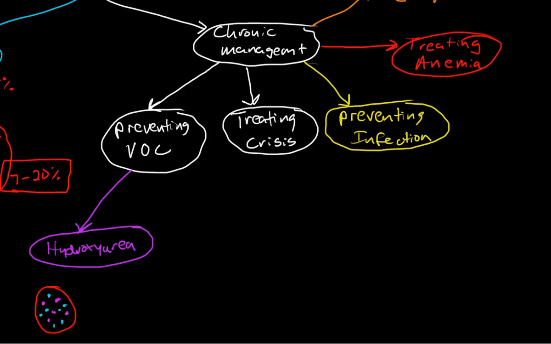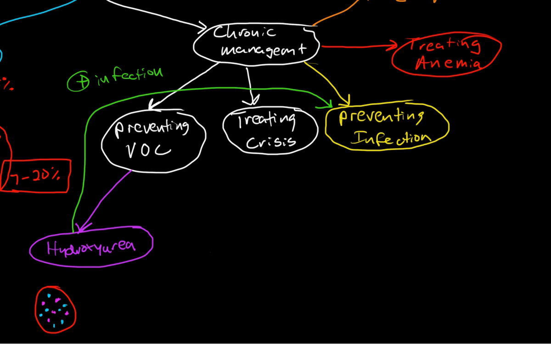Unfortunately, hydroxyurea affects all bone marrow cells and is a bone marrow suppressant, so giving it significantly increases the chance of infection. You need to consider it very carefully, and even increase your modalities for preventing infection.